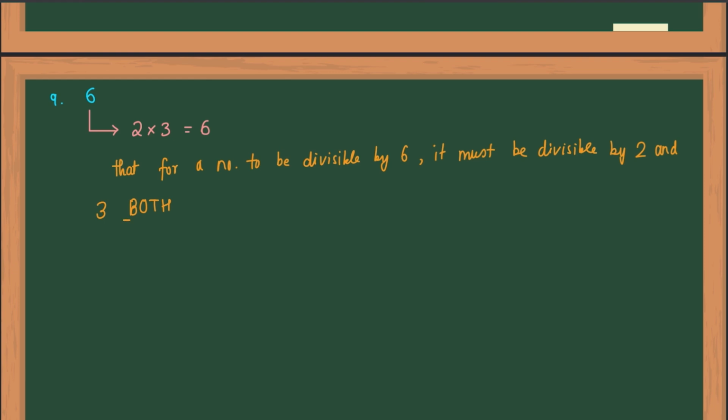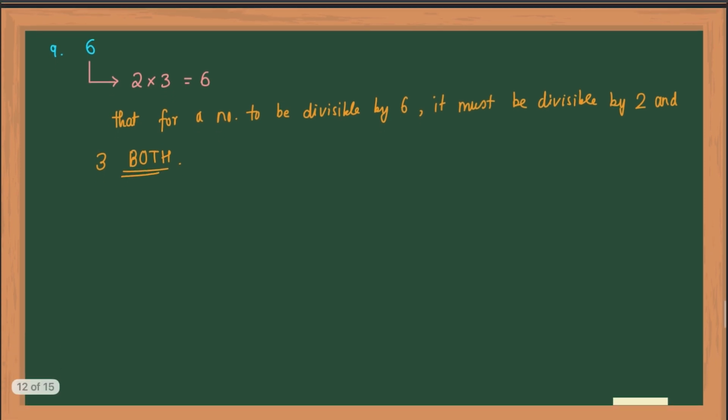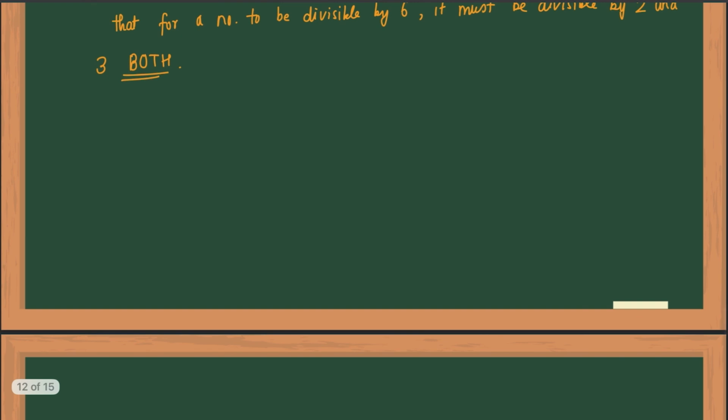The main word is both. If it is divisible by 2 and not divisible by 3, then it is not divisible by 6. If it is divisible by 3 but not divisible by 2, it is not divisible by 6. But if it is divisible by both of the numbers, that are 2 and 3, then it is divisible by 6. Now we already know what the rules regarding 2 and 3 are. We have to just use those rules only.